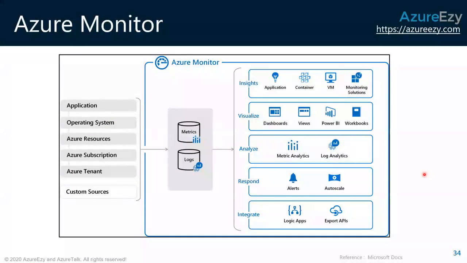Now, this slide is a compilation of all the things we have discussed in the previous two, three slides. If you see this particular slide, this is Azure Monitor, which can collect data from these sources: your application, operating system, Azure resource, subscription, tenant, and custom sources.